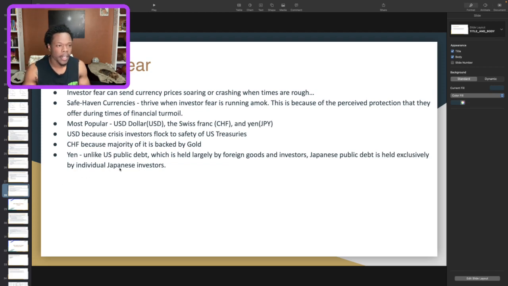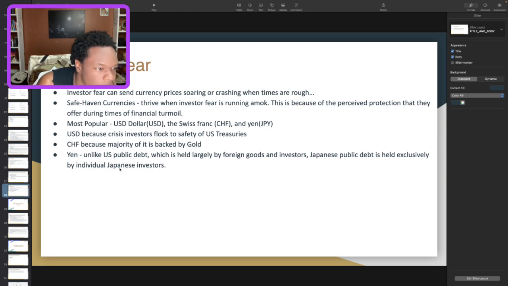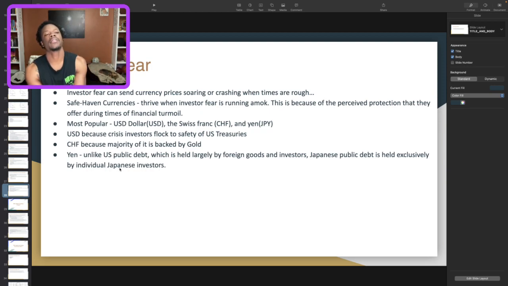So lastly, for supply and demand driven factors is investor fear. Sometimes investors can send currency prices soaring or crashing when times are rough. Safe haven currencies thrive when investor fear is running amok.